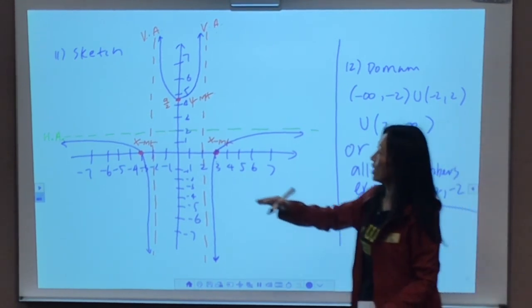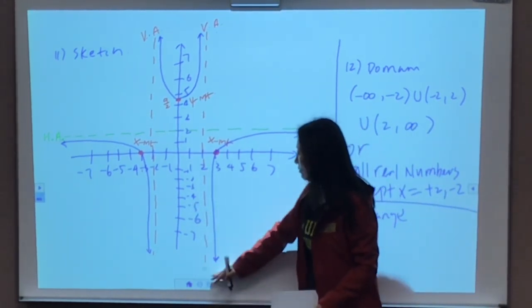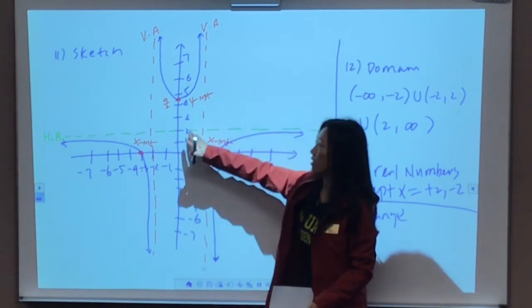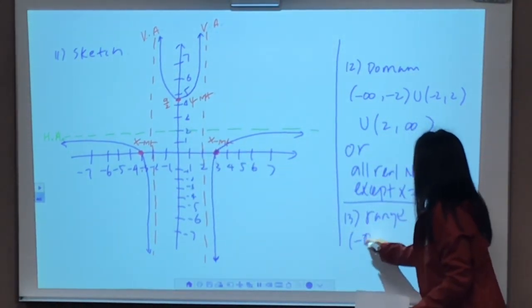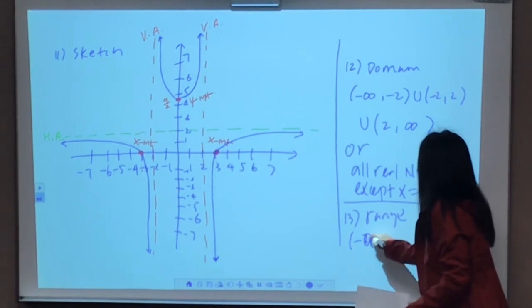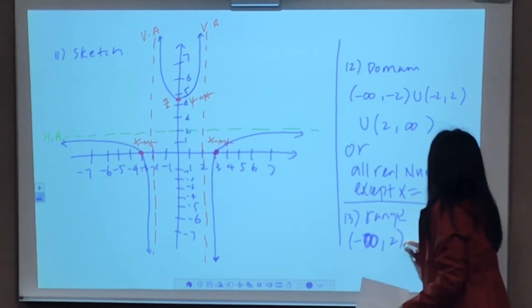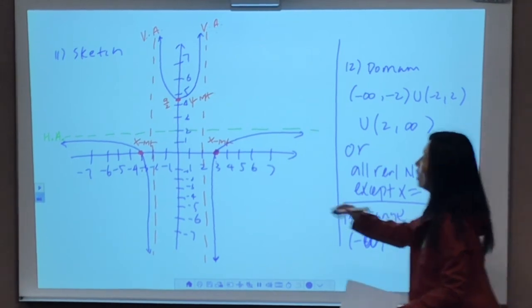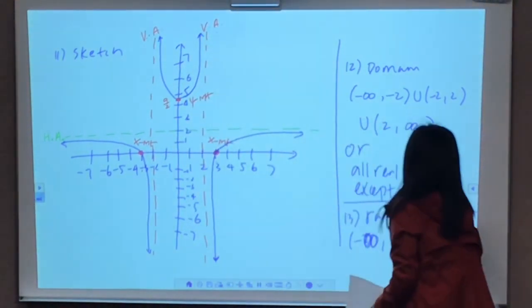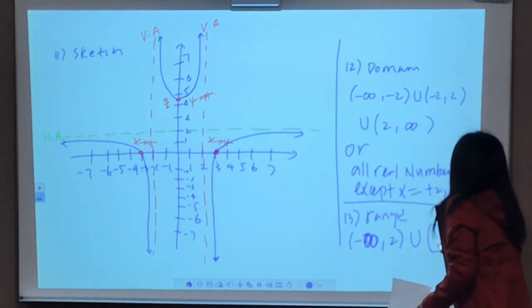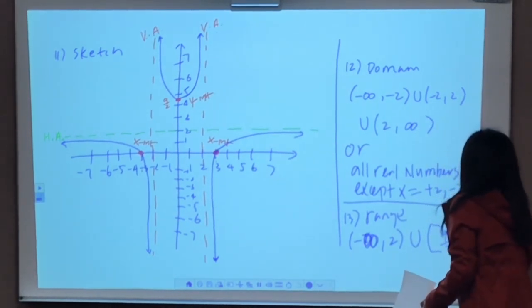My range will be what? Negative infinity to 2, and then union with what? 9/2 and then up. All right, you're done.